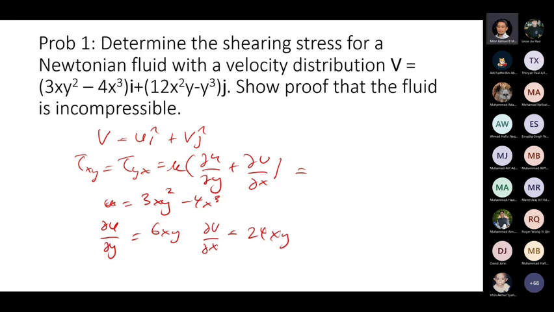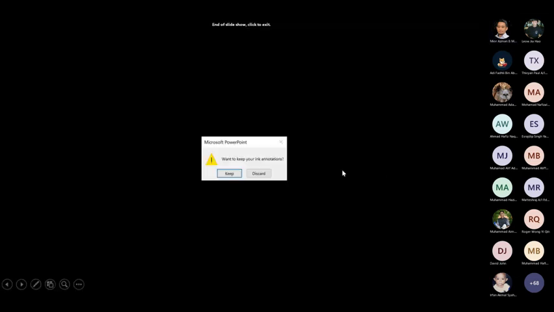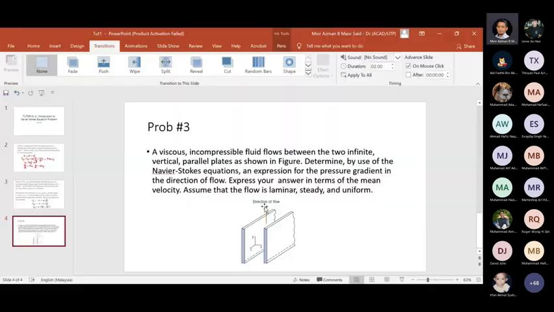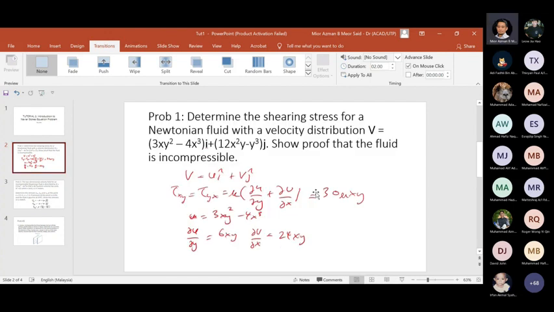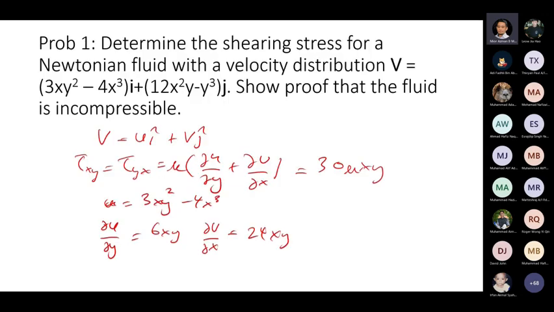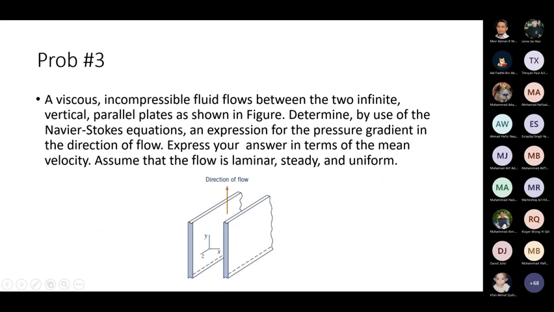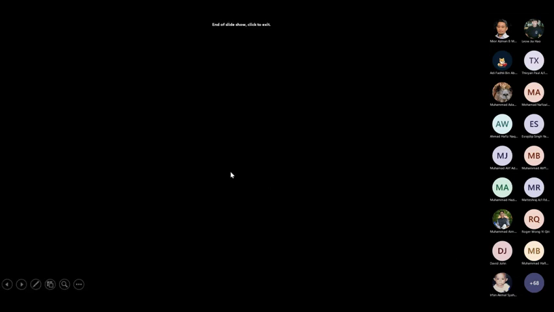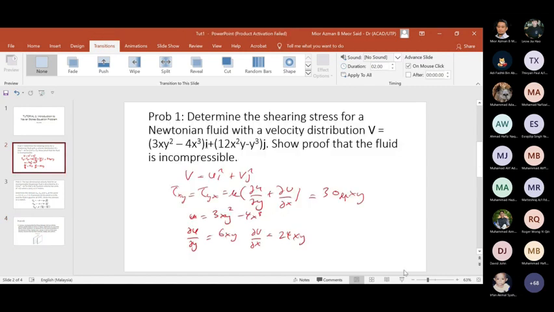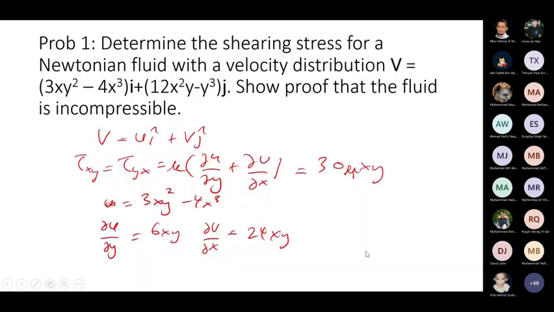So 6 plus 24, so we have 30, mu here, xy. So there you go.